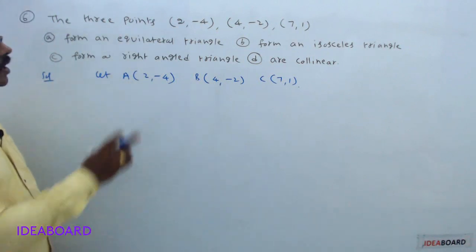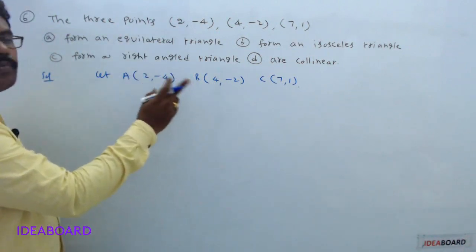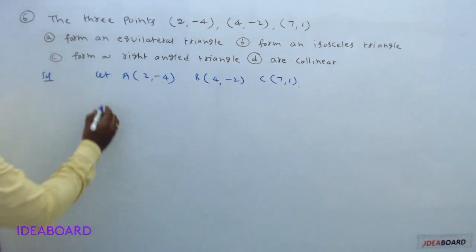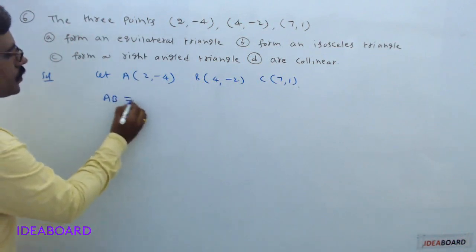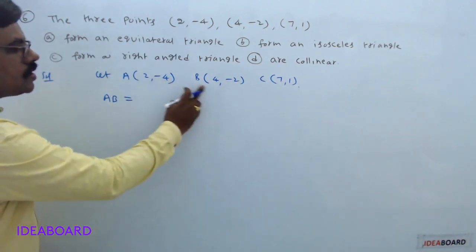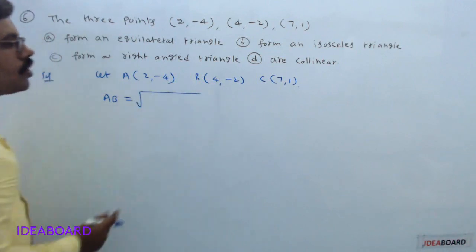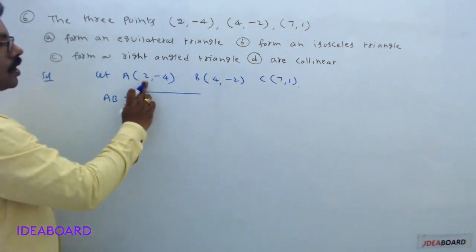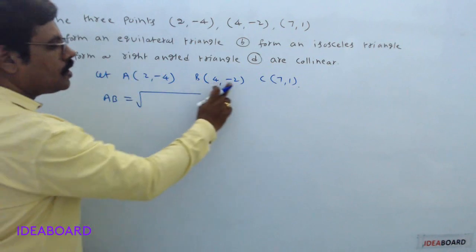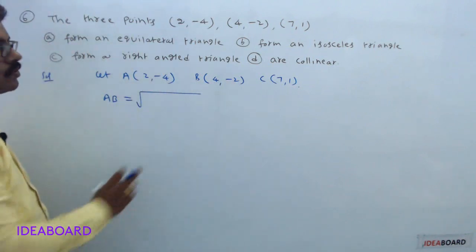First calculate the lengths of AB, BC and AC. So AB, the distance between the points A and B: the square root of the difference of x coordinates whole square plus the difference of y coordinates whole square.